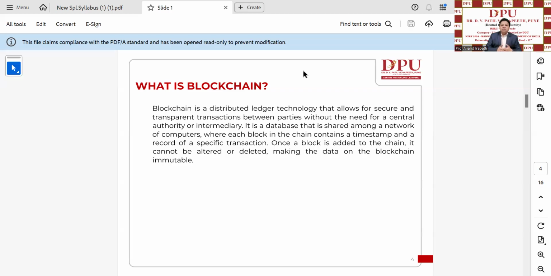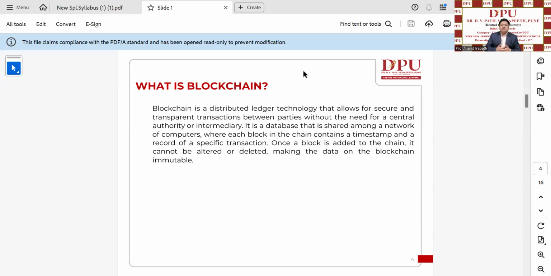So once it is stored into the block, that transaction is not edited. It means that once a transaction is entered into a block, it is simply impossible to later delete it, modify it, or change it.